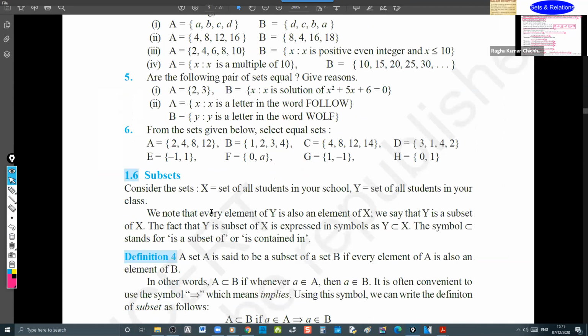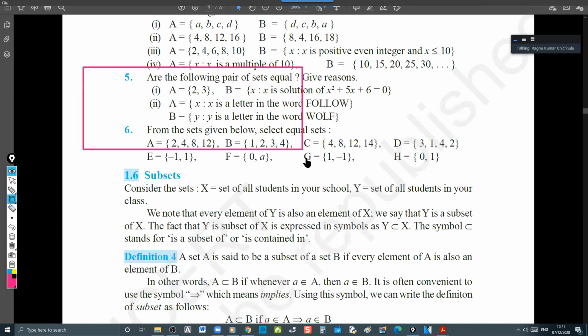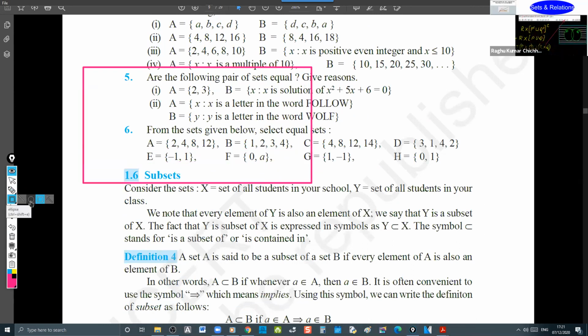Now subsets. In the name subset itself, we have the meaning of it. If you are studying in a particular school, what is your school name, Maurya? India International School, sir. So let us take India International School as a set, and let us take your 11th class as a set.